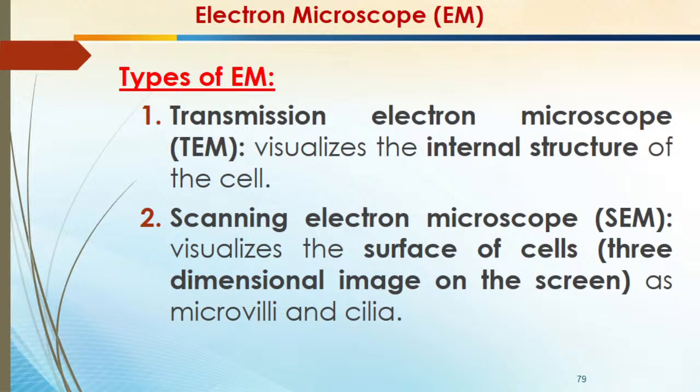We have two types of electron microscope. Transmission electron microscope, TEM, visualizes the internal structure of the cells. Scanning electron microscope visualizes the surface of cells, a three-dimensional image on the screen, such as microvilli and cilia.